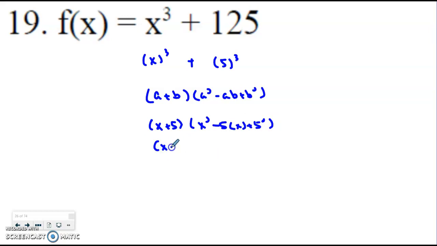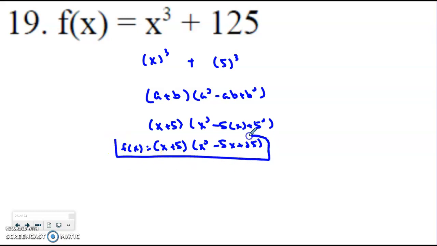So I get x plus 5, and then I have x squared minus 5x plus 25. That would be your factored form. And then your zero would be x plus 5 equals 0. So you do get x to be negative 5 in this case.